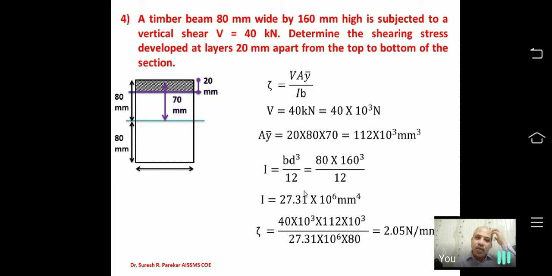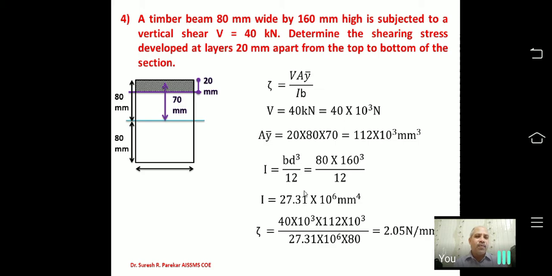Now substitute the values of V, 40 into 10 raised to 3, A y bar 112 into 10 raised to 3, I 27.31 into 10 raised to 6, and B 80, which gives me tau equal to 2.05 Newton per mm square. This value is at a distance 20 millimeter from top.